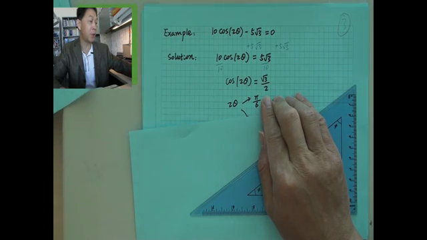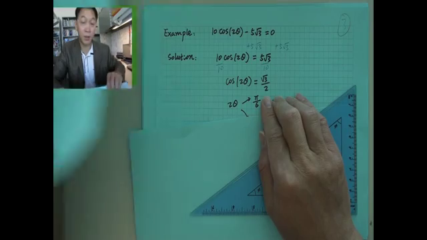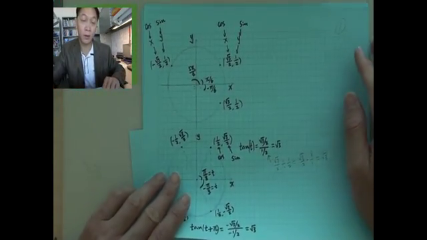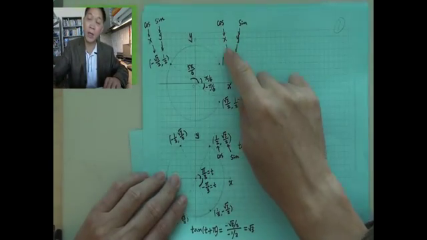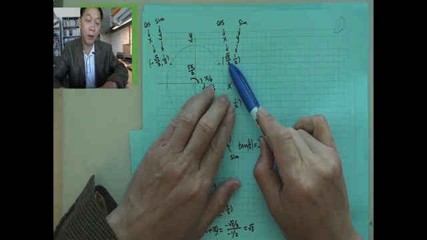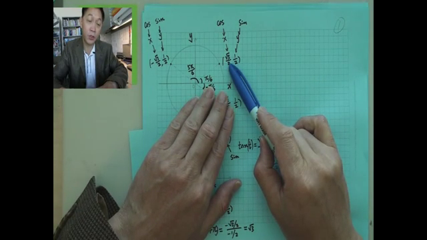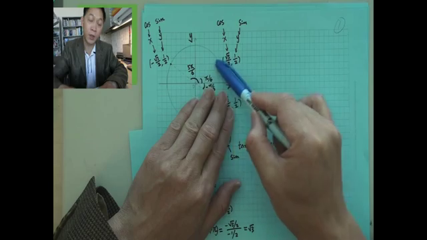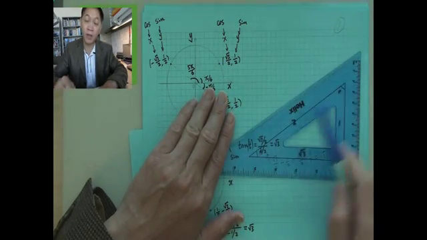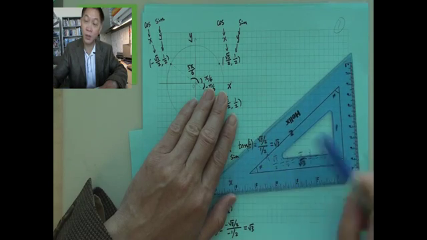But remember, you always want to consider the definition, okay? Look, cosine theta is x. When x is in the first quadrant, using the ruler, you always find out the value in the first quadrant.